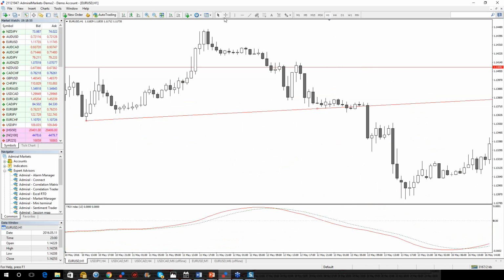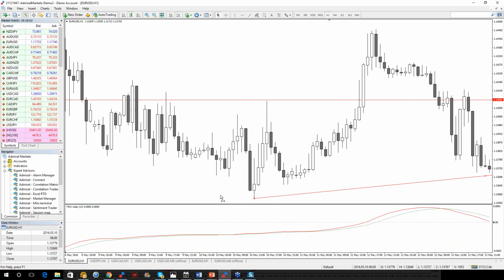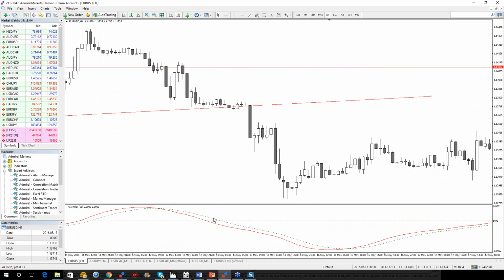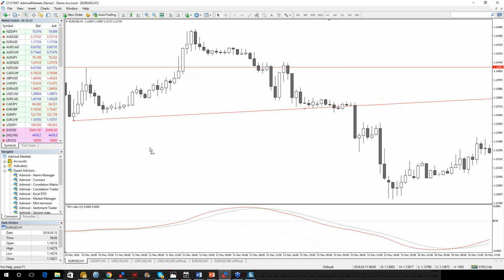Red will always cross first, and it will be followed by this blue dotted line. That line you use to ride the price, while the red line is to confirm the entry or the signal. In this case, it confirms momentum.